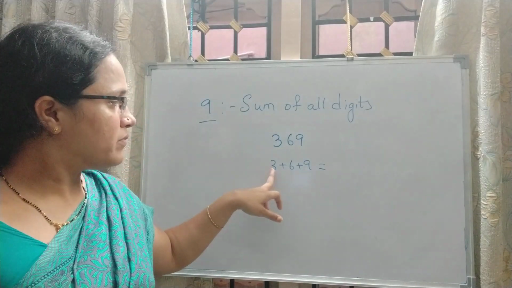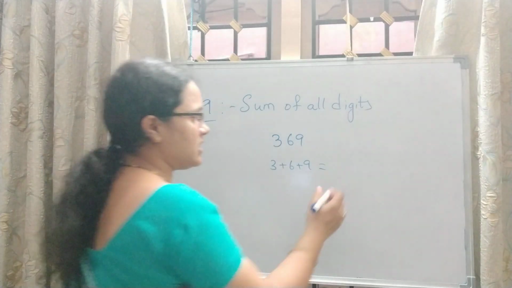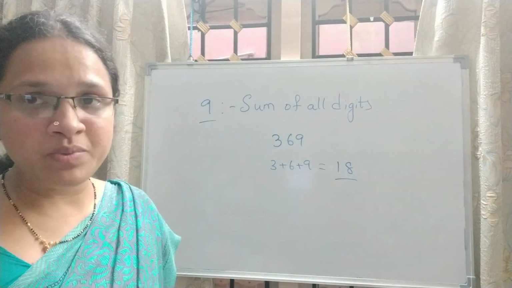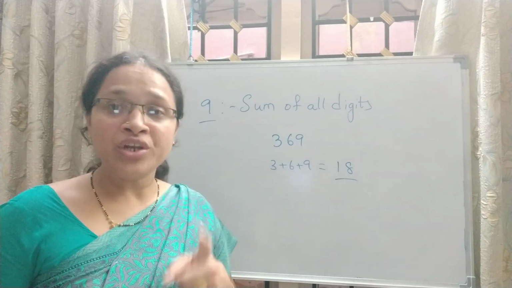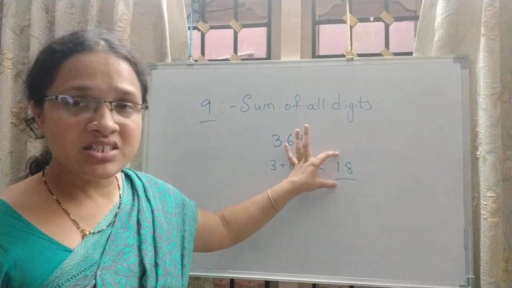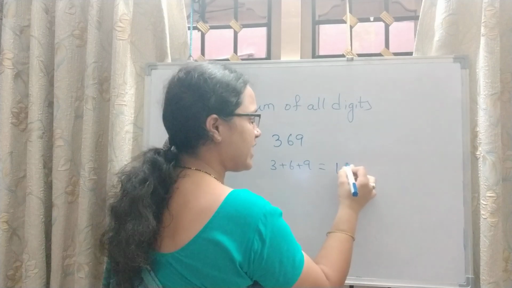So 3 plus 6 is 9 and 9 plus 9 is 18. Is 18 divisible in the 9 table, children? Yes, it is divisible in the 9 table. So you need to confirm. See, suppose you get some other number like 6 here, this is 18, it's okay.